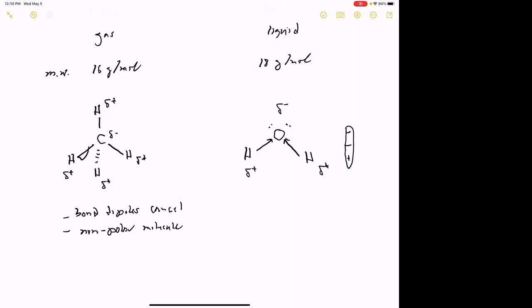And again, this is because the dipoles are working together. So I have a net dipole moment, and as a result, I've got a polar molecule. Okay, everybody see why one's polar and one's nonpolar? Any questions about that?